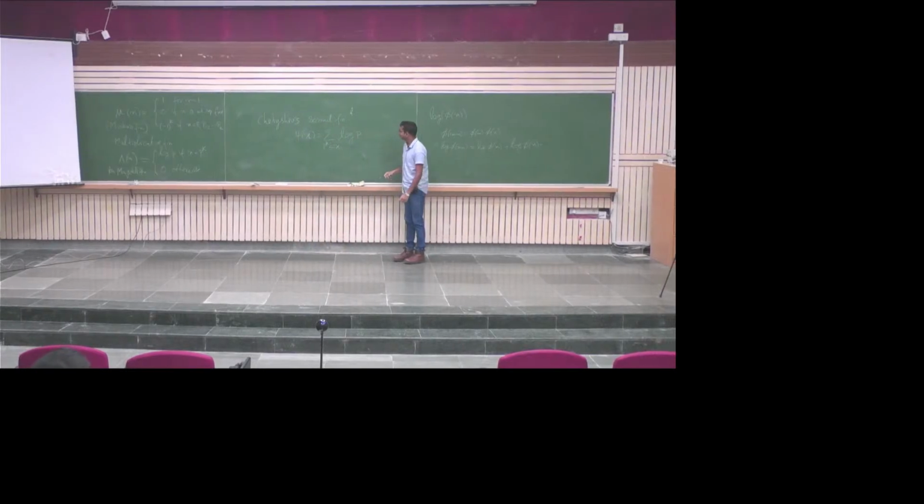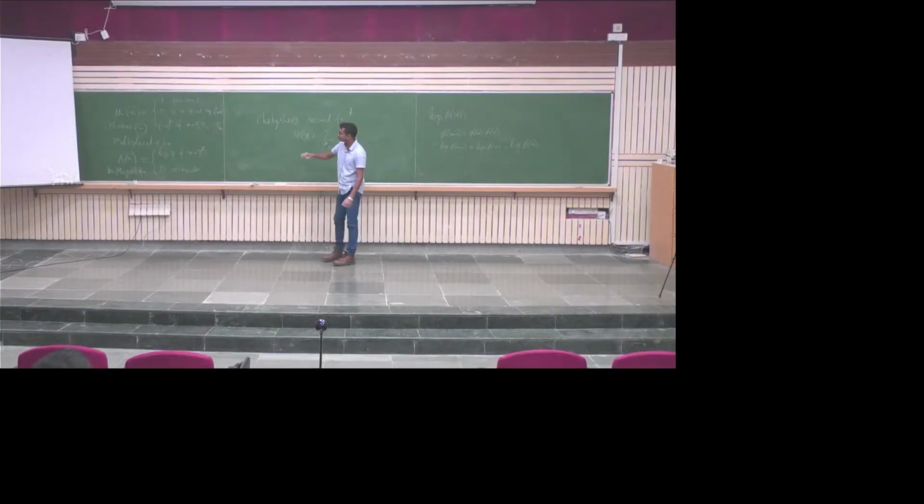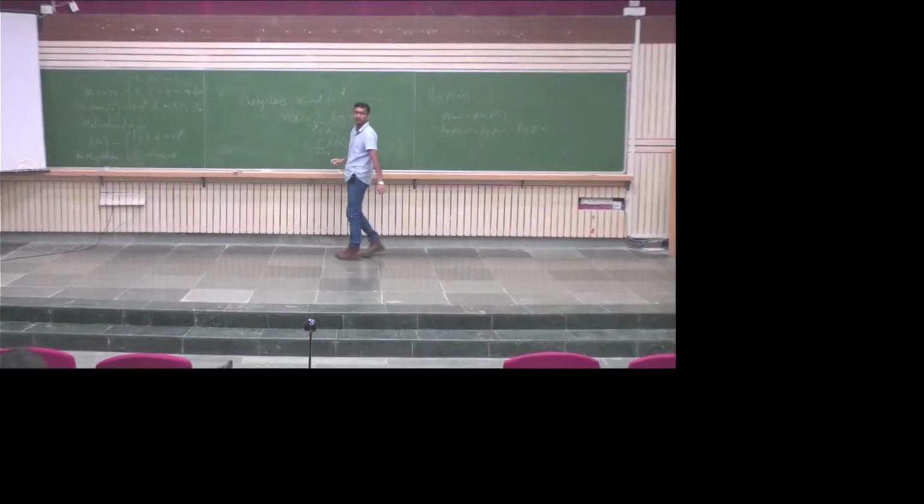Right? What we are doing? We are actually summing the von Mangoldt function over all the integers which are less than or equal to x. So this is nothing but the sum of lambda n for n less than or equal to x.